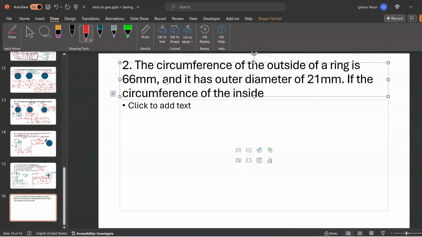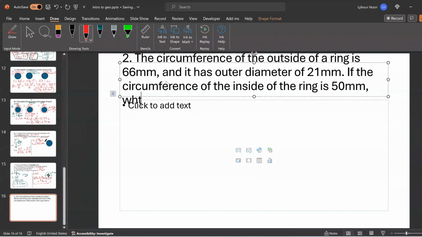If the circumference of the inside of the ring is 50 millimeters, what is the inner diameter of the ring?